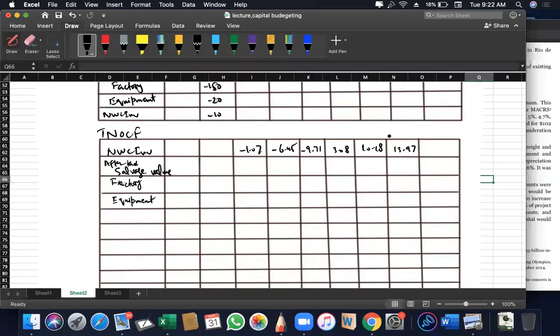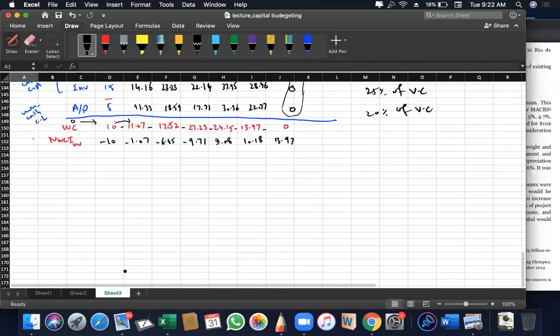Okay. Now here I will find the after tax salvage value. First one is factory.